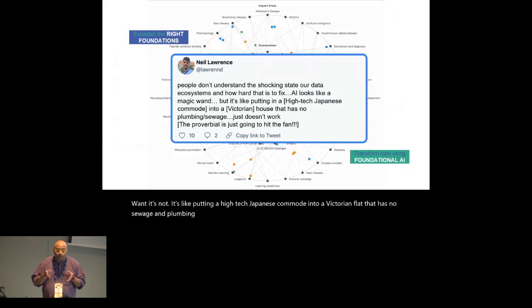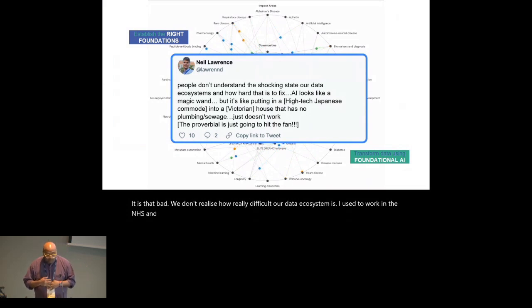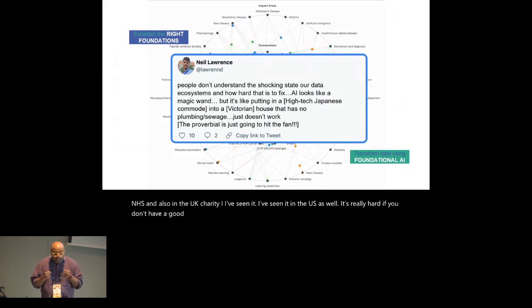The proverbial is going to hit the fan. It is that bad. We don't realize how really difficult our data ecosystem is. I used to work in the NHS and also in a UK charity. I've seen it. I've seen it in the US as well. It's really hard. If you don't have a good handle on that data, garbage in, garbage out.